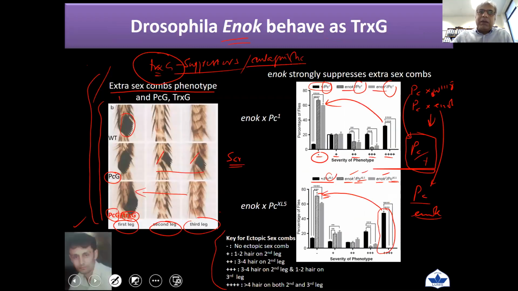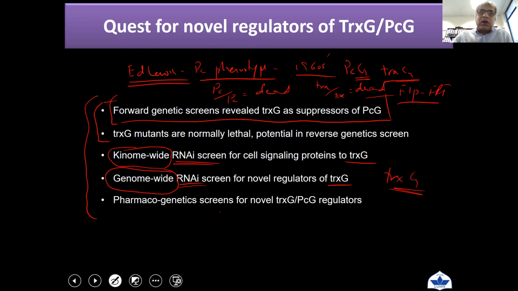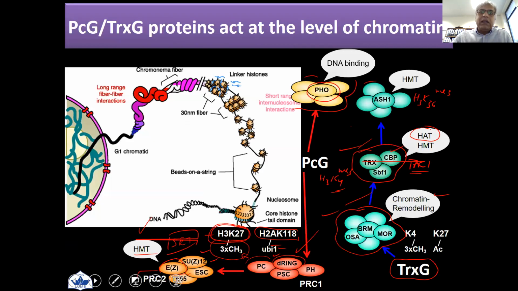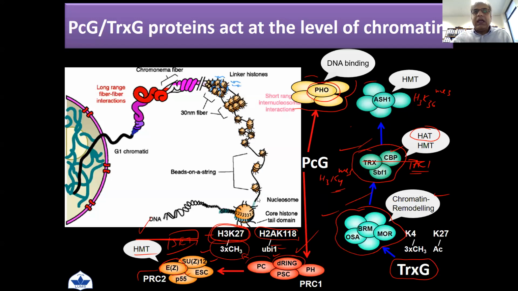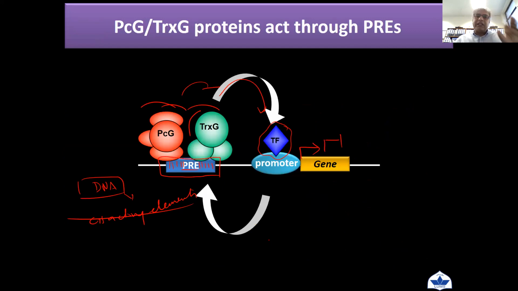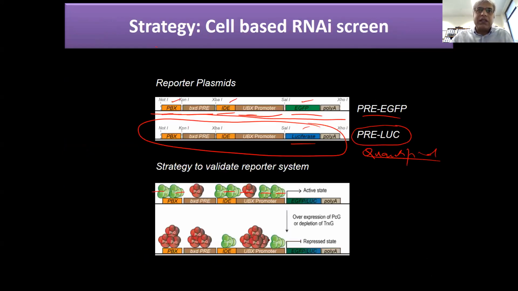Now, I showed you in the beginning that polycomb trithorax also goes together with H2A ubiquitination. I showed you that H2A lysine 118 ubiquitination is done by dRing, and the PRC1 complex associates with ubiquitination as well.